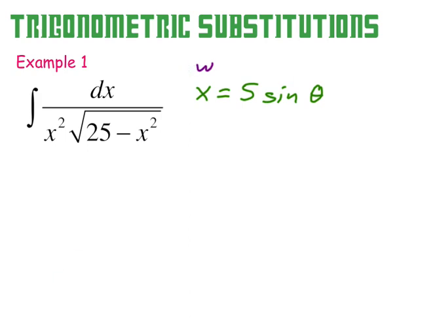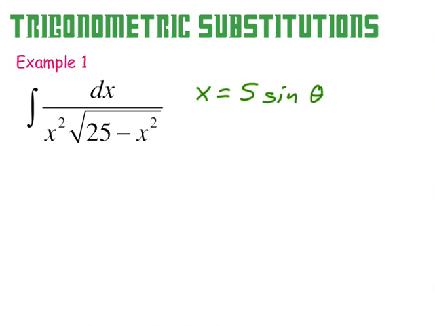This time we're actually going to replace the x with something with a theta involved. And why theta? Because we usually think of that as an angle. It is sort of an angle substitution that we're putting in. It may seem very odd. Why would we put in trigonometry in a problem where there's no trig? That seems to be making things worse. But I promise you it will make things better.